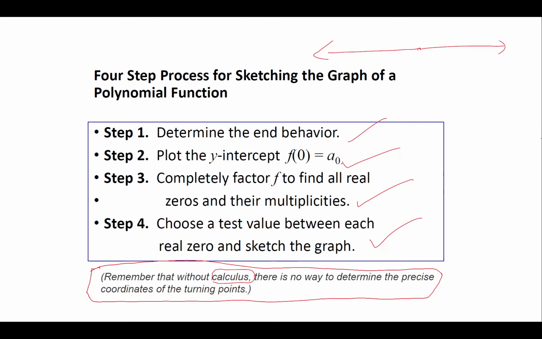So without calculus, there is no way. Calculus is one subject, as you might already know. Without using calculus, there is no way to determine the precise coordinates of the turning points. Okay, here we just try to see how many turning points are possible, and then we use all this information to find one approximate graph.